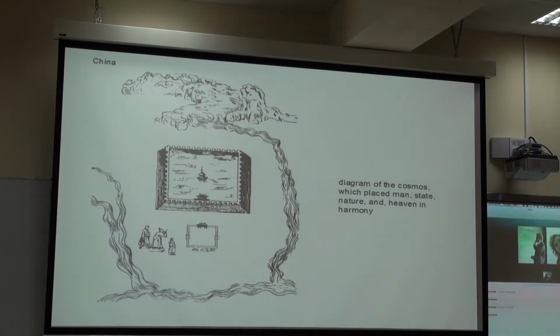Here you see a diagram of the ideal city in China.